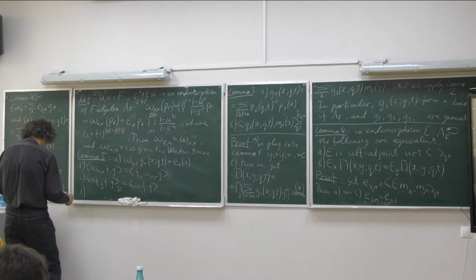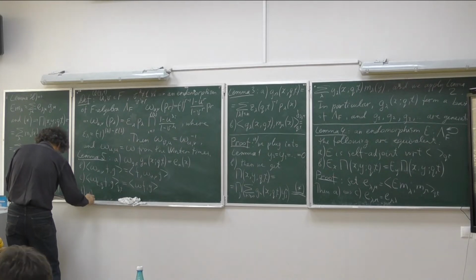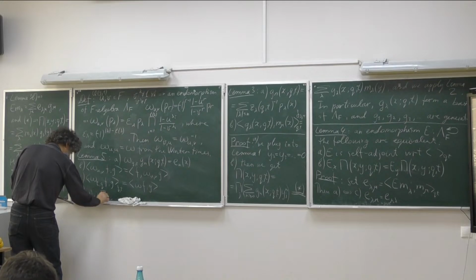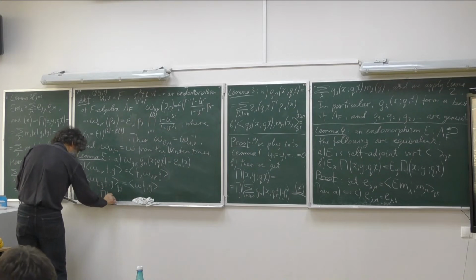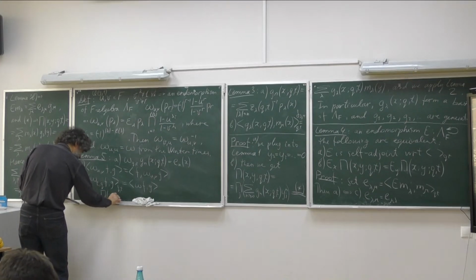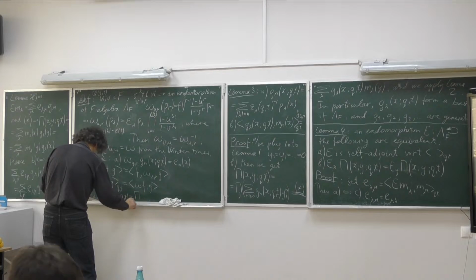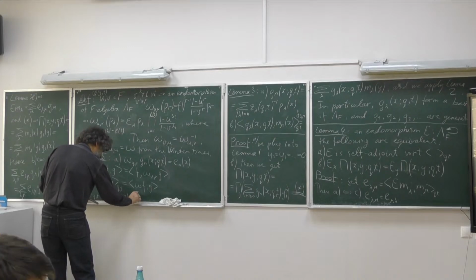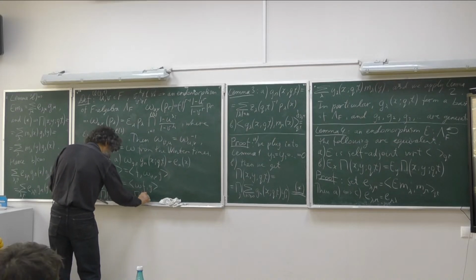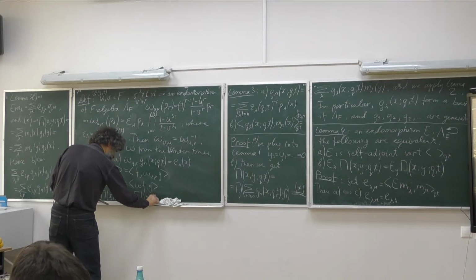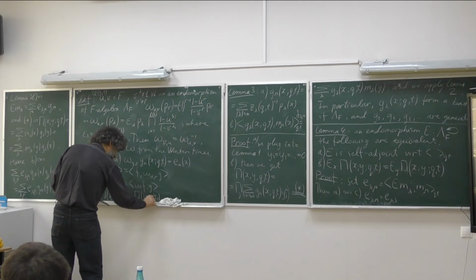Also, when we apply this involution omega_{q,t} to our product of x, y, q, t, then we get the product over i and j of 1 plus x_i y_j, and nothing else.